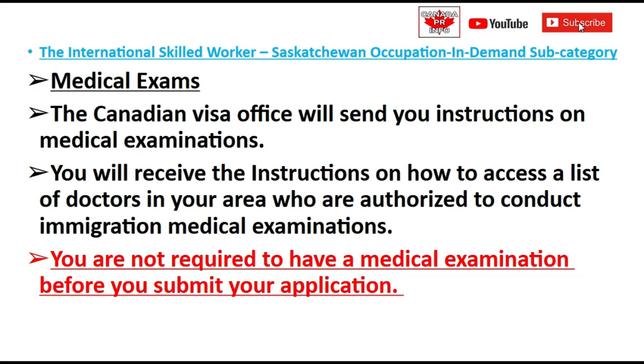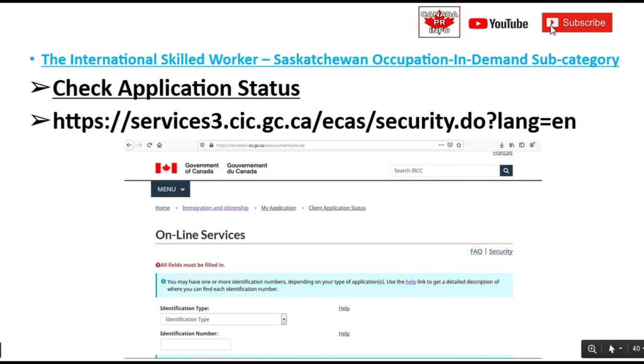As you do not have an Express Entry profile account in the SINP OID stream, in order to check your application status, you can use this official link in which you need to provide your file number or UCI number, the unique client identification number, along with your surname, date of birth and place of birth, and you can get your application status.